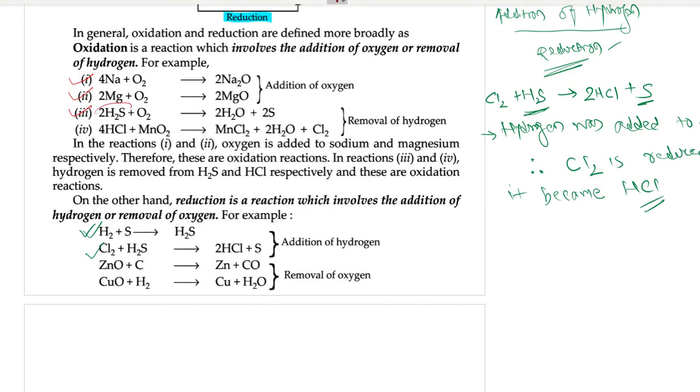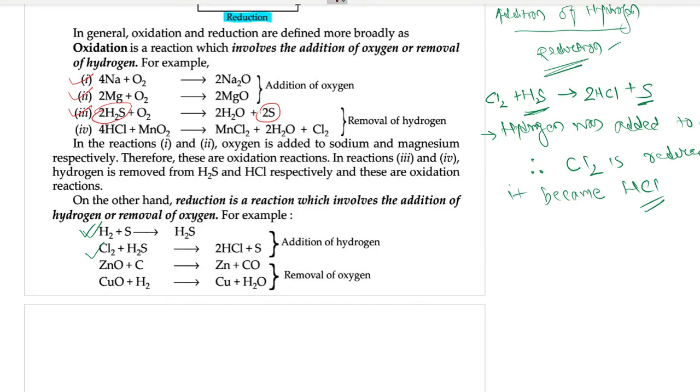What happened to hydrogen sulfide? It got converted into sulfur. So hydrogen was removed from it. So what is this? Oxidation. Now you would say, sir, hydrogen was added to oxygen, so it is reduction. It is reduction, but it is also oxidation. And every oxidation reaction is a reduction reaction as well.